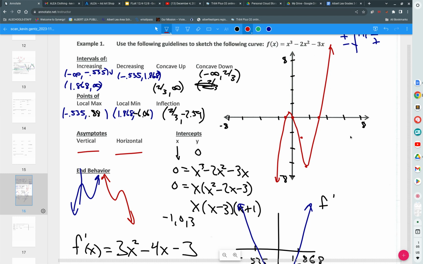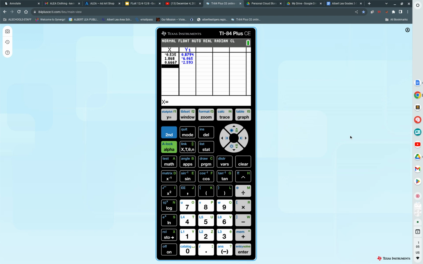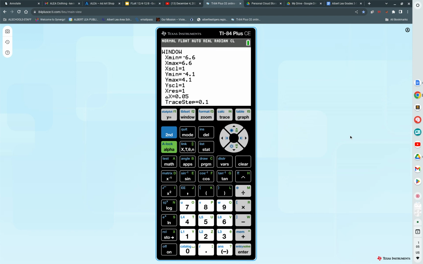But just to show you how accurate we are, if we keep that image in our brain, I'm going to go to my calculator, and I'm going to go into my window, and I'm going to go from -8 to +8. I'm going to go by twos, and then again -8 to +8, and I'm going to go by twos. And we'll see if our graph there is an accurate representation of what we have.